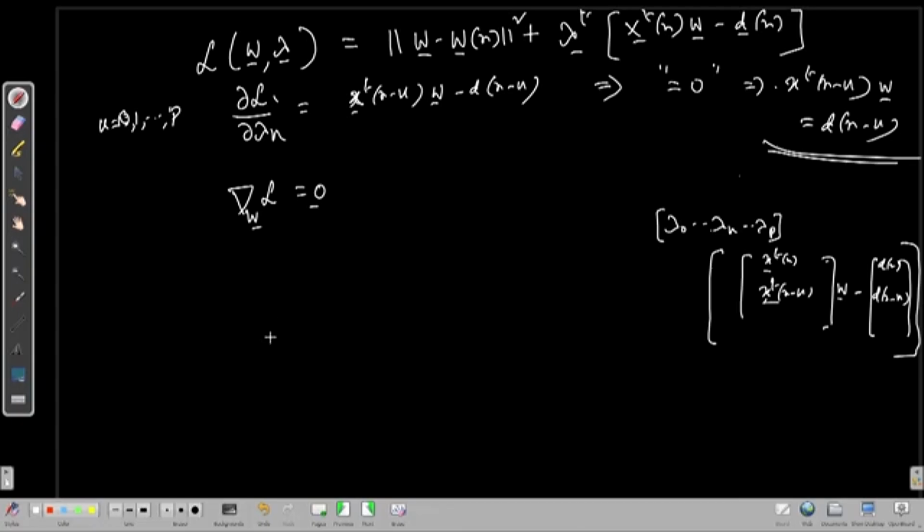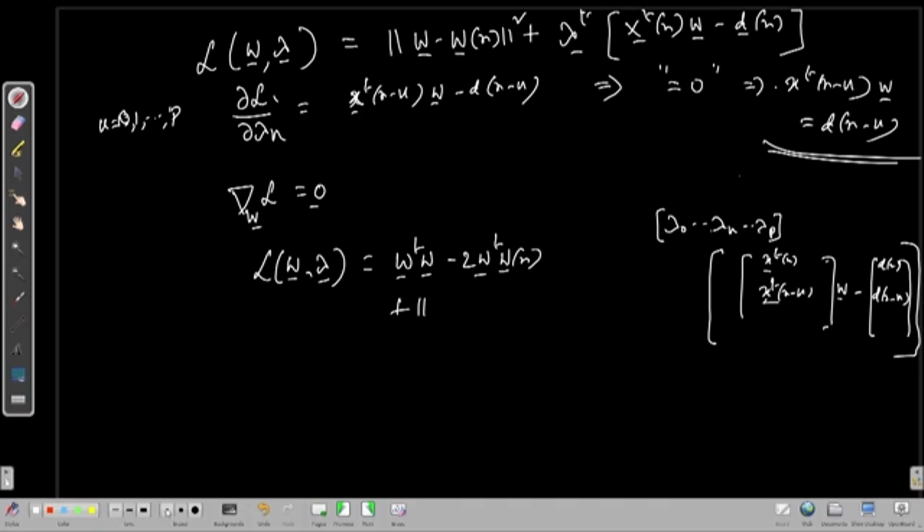Now comes the other derivative. Now L has the term w minus w n norm square. We have seen in the context of LMS that this is w transpose w minus, since the two cross terms are the same, twice w transpose w n, plus w n transpose w n.